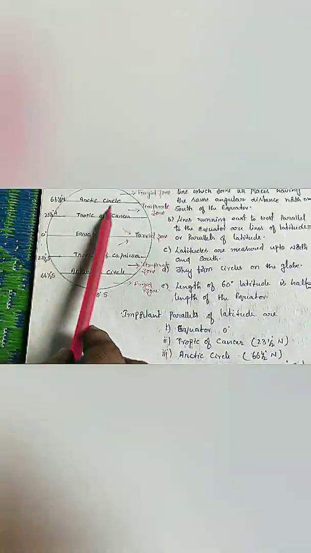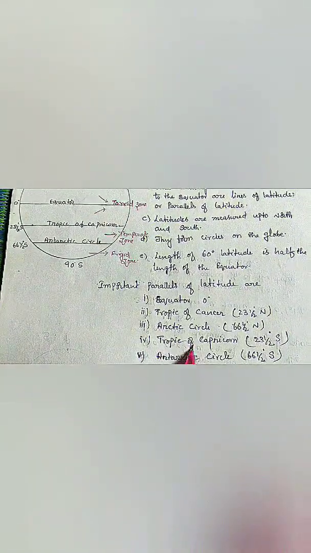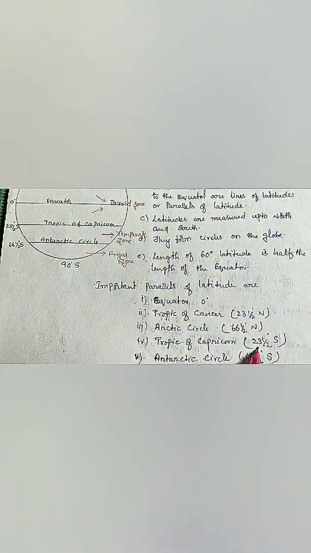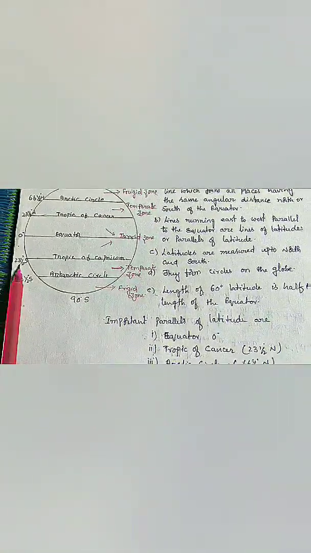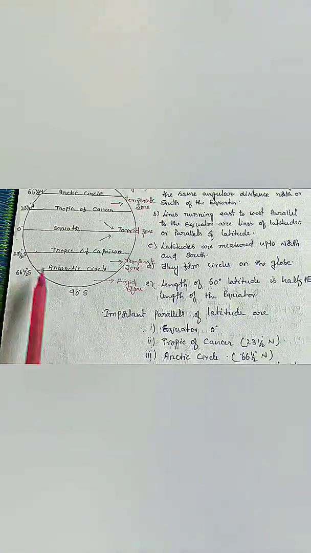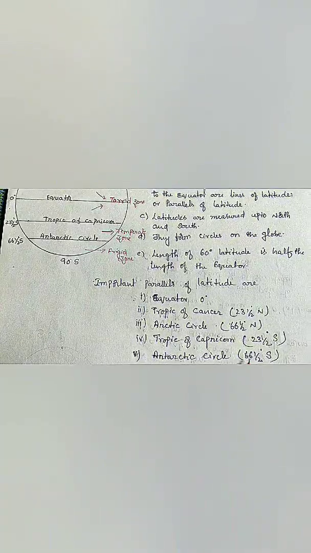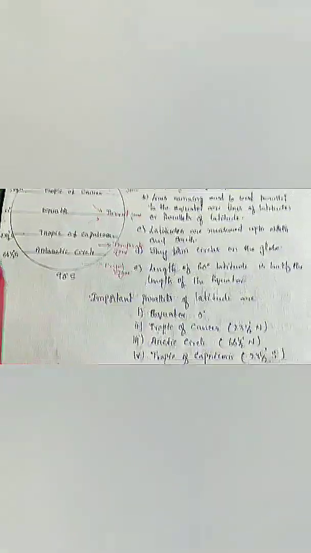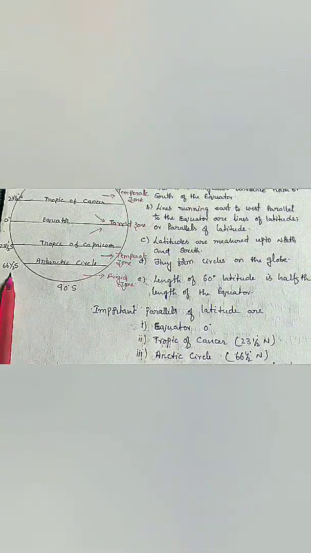Arctic Circle, 66.5 north. Fourth, Tropic of Capricorn, 23.5 south. And Antarctic Circle, 66.5 south.